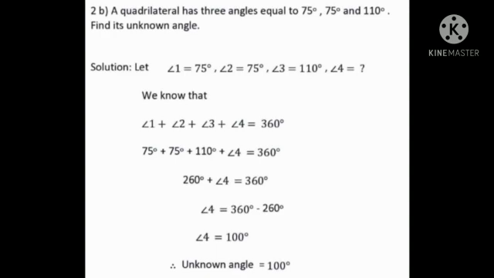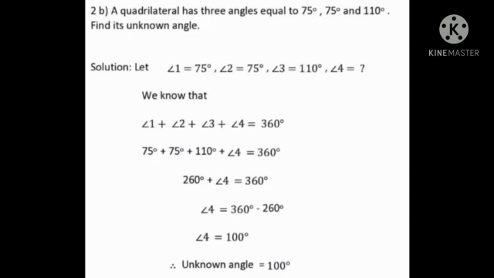One more problem. A quadrilateral has three angles equal to 75 degrees, 75 degrees and 110 degrees. Find its unknown angle. Solution. Let angle 1 be equal to 75 degrees, angle 2 is equal to 75 degrees, angle 3 is equal to 110 degrees and angle 4 is equal to question mark. We know that the sum of four angles of a quadrilateral is 360 degrees. Therefore, angle 1 plus angle 2 plus angle 3 plus angle 4 is equal to 360 degrees.